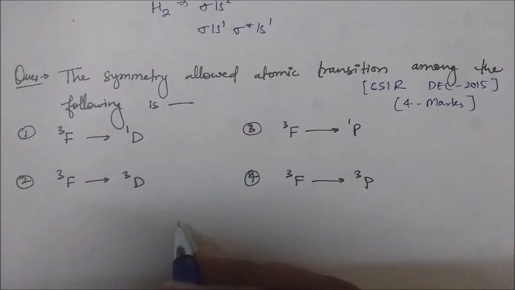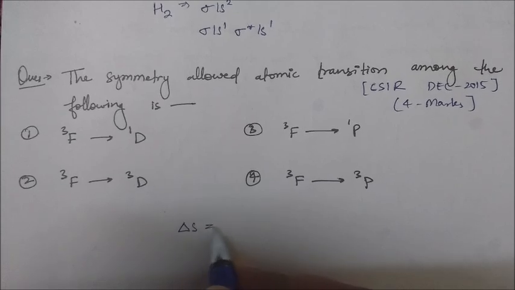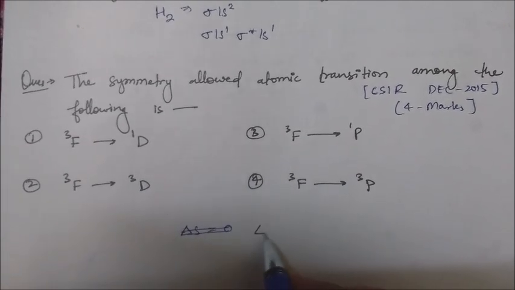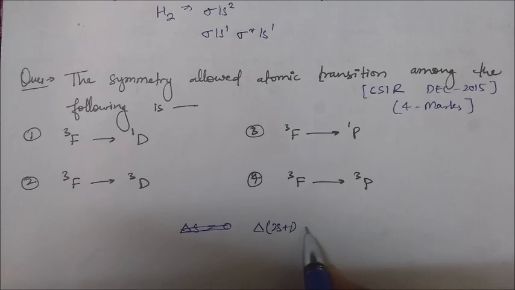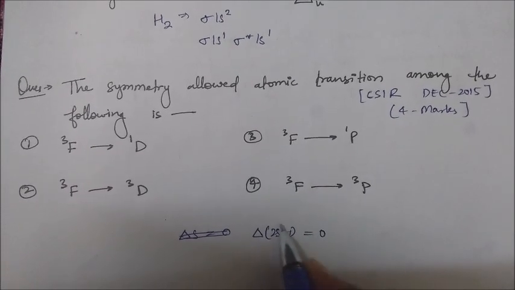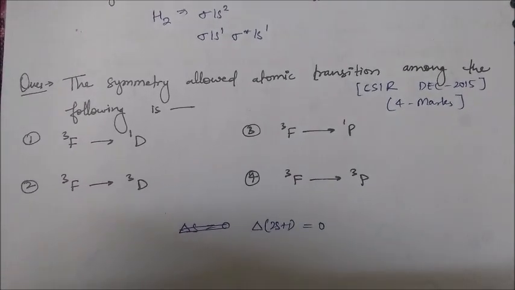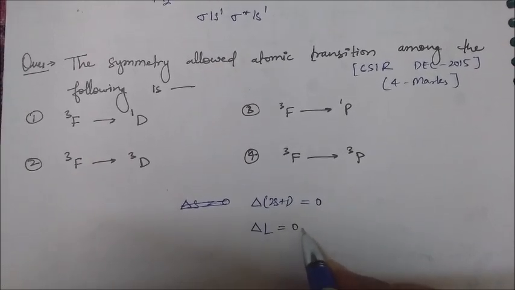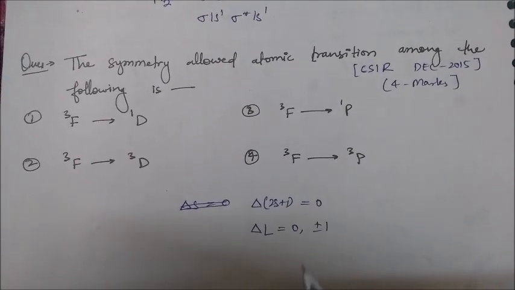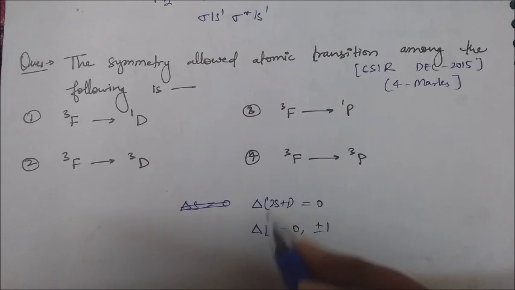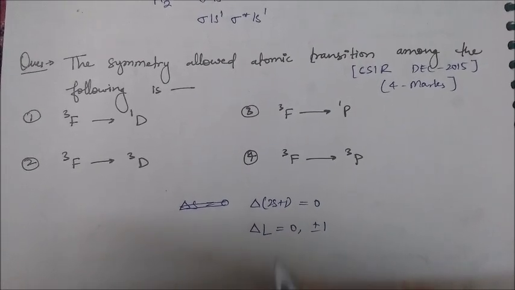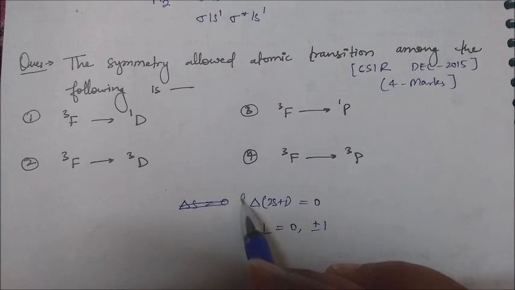That means delta 2S plus 1 should be 0, meaning the change in spin multiplicity should be 0, and the change in L value should be either 0 or plus minus 1. The g and u and plus minus rules will not be applicable, only these two will be applicable.